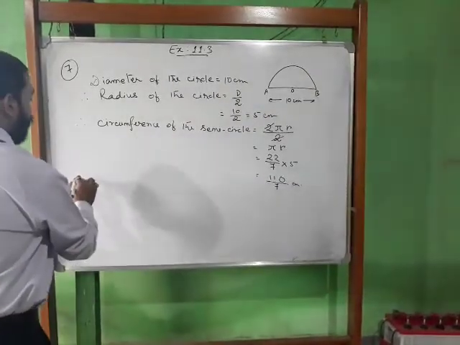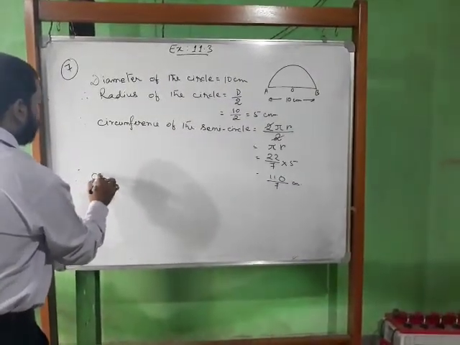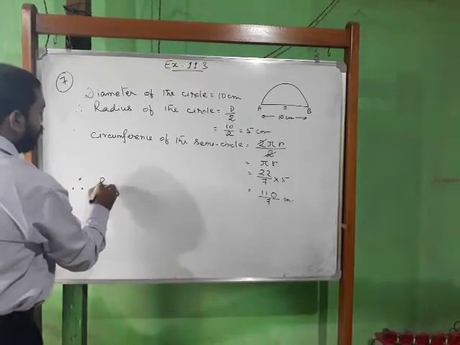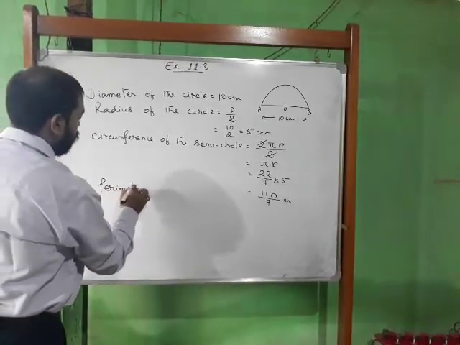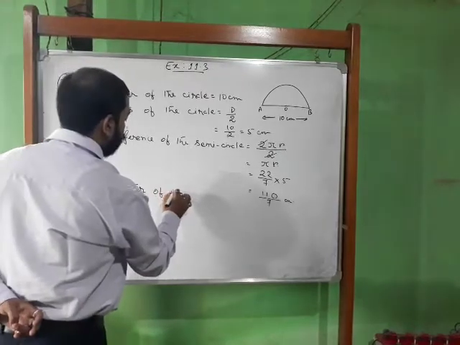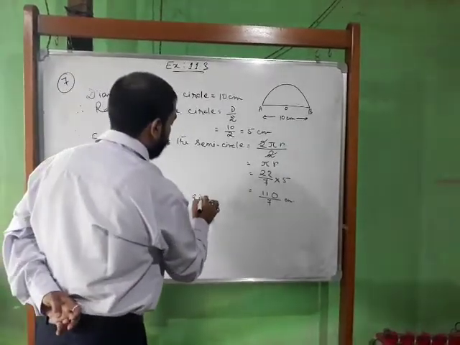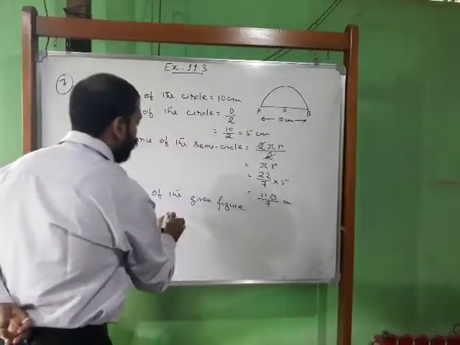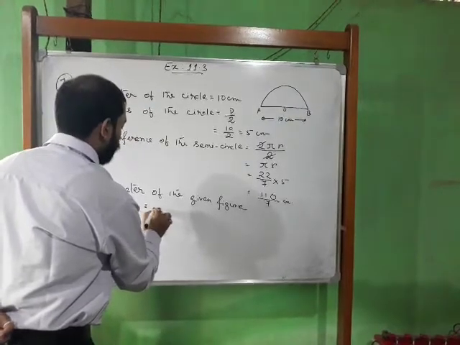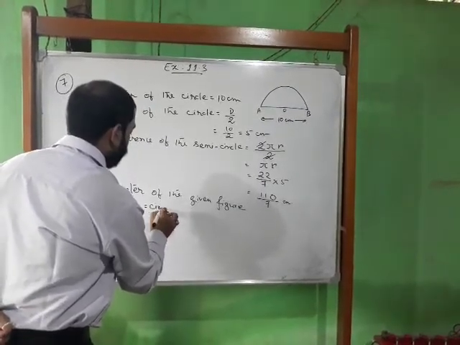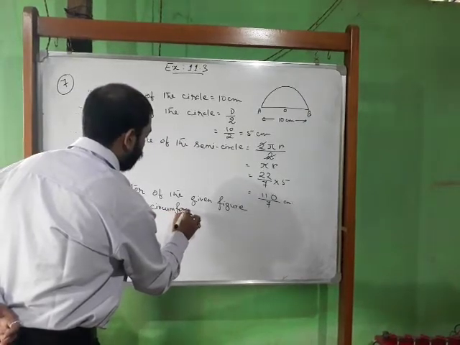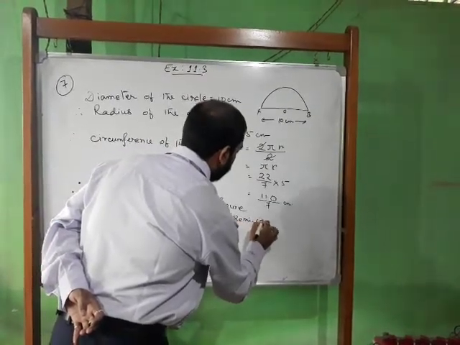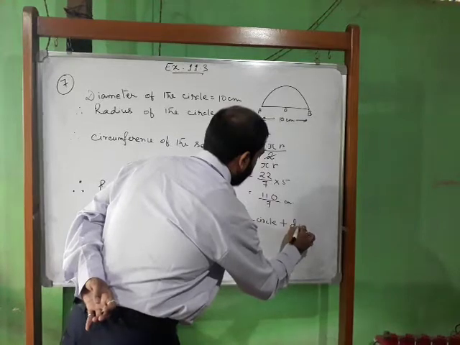Therefore the circumference, sorry for writing wrongly, the perimeter of the given figure is equal to the circumference of the semicircle plus diameter.